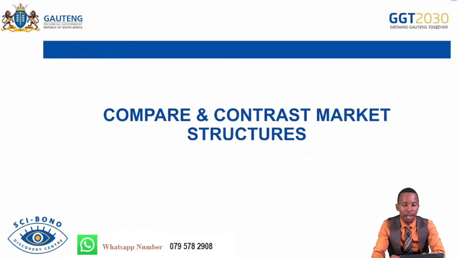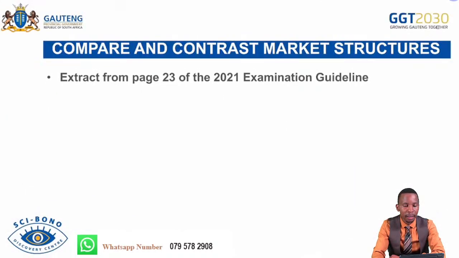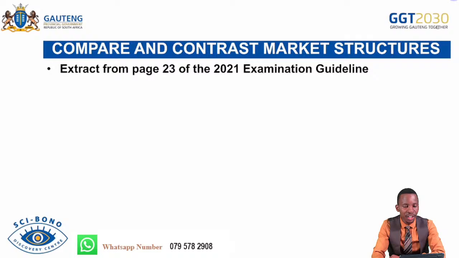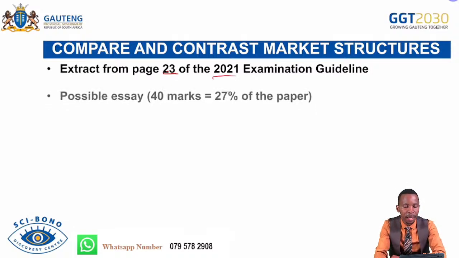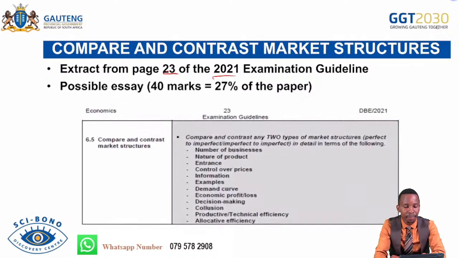So, compare and contrast market structures. The question is extracted from page 23 of the 2021 examination guideline. We have the structure here. The possible essay is 40 marks, and contributes 27% in the paper. This is the information of the market structures that can be compared.